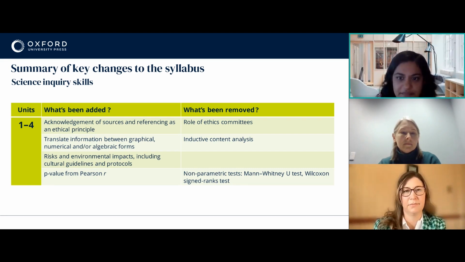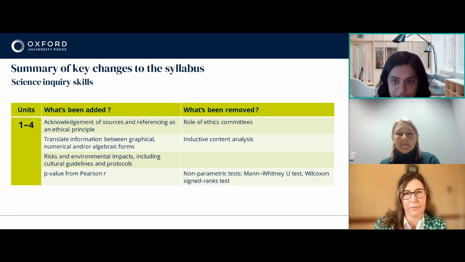And there's some information about graphical and numerical or algebraic form, and risks and environmental impacts, including cultural guidelines, has been added, which is great. And p-values associated with correlation inferential tests like Pearson's have been included.